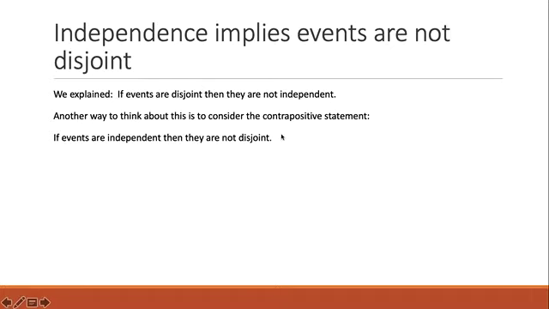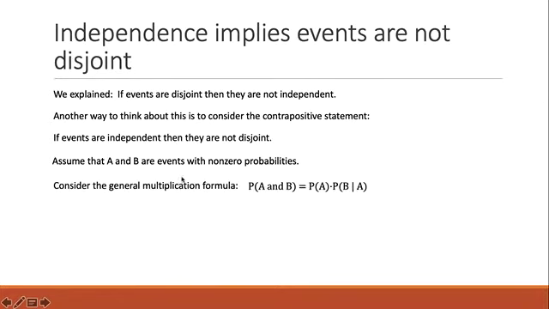So we can explore this just by looking at the probability formulas that we already know. Again, we need to assume that A and B are events that have non-zero probabilities. And this time we're going to look at the general multiplication formula. In any situation, the probability of A and B is simply the probability of A times the probability of B, given that A has already happened. That's the general multiplication formula.